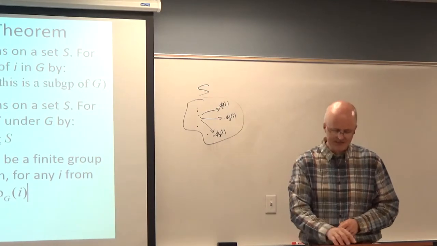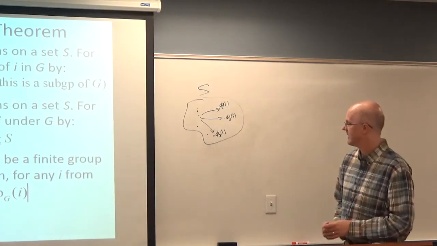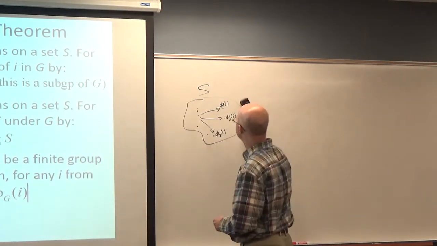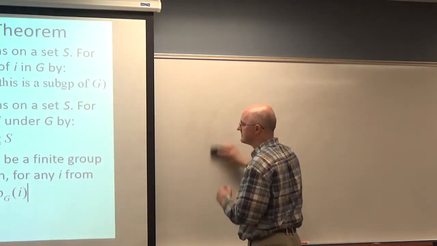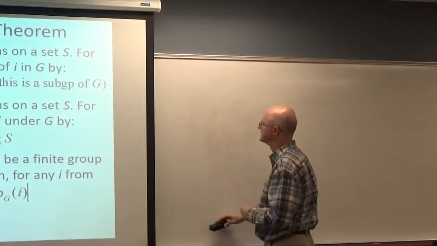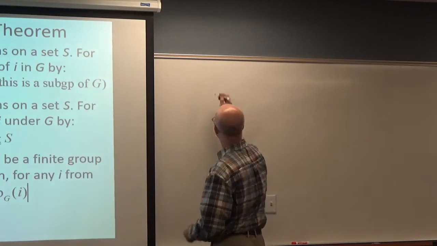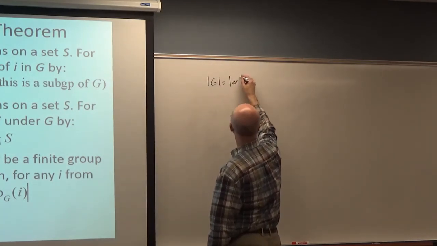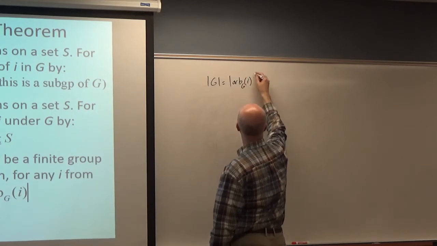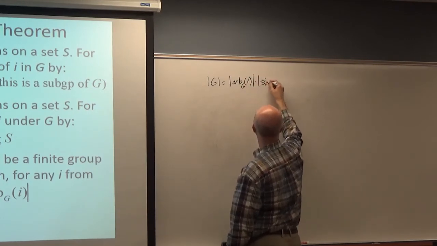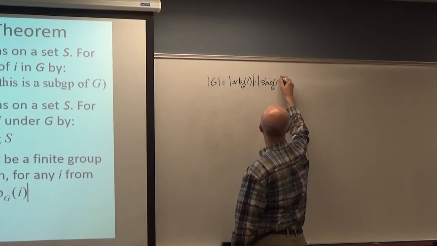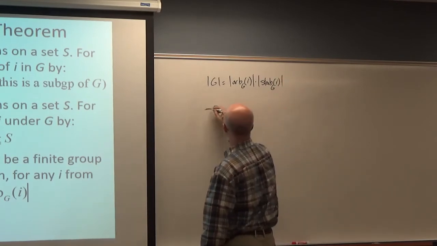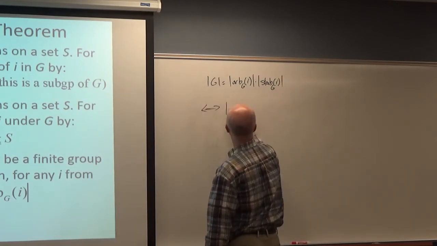In our last few minutes, I want to try to give you the idea why this is true. This equation that you see here is equivalent to the following equation.